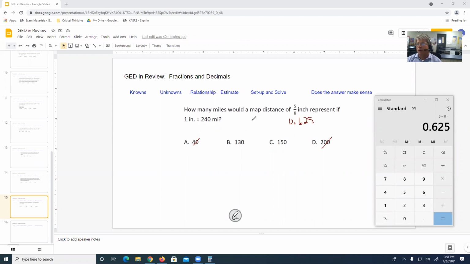Again, one of the things we've talked about is there's this proportion math. What I can say is, 240 miles kind of goes with 1 inch. I can write that as a ratio. And we don't know how many miles goes with 0.625 inches. And in proportion math, what we're allowed to do is we're allowed to cross multiply.